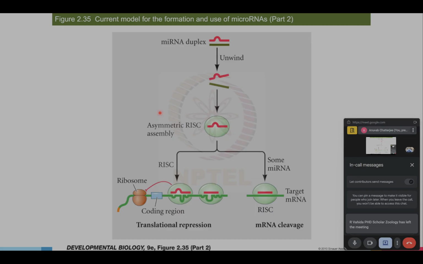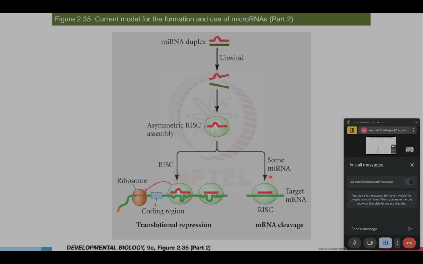So the RISC complex sits on this mRNA, and in case there are mismatches, so you see there are loops, which means there are mismatches here, then it means that the microRNA that was transcribed is not a one-to-one match or completely similar to the sequence, and in that case only repression of translation occurs, in which the RISC complex prevents the ribosome from actually going and translating the mRNA.